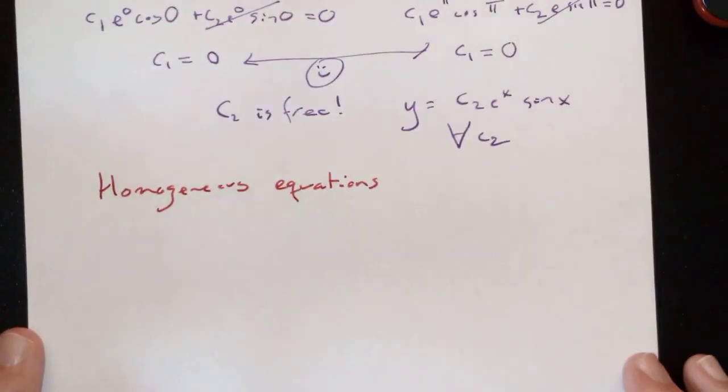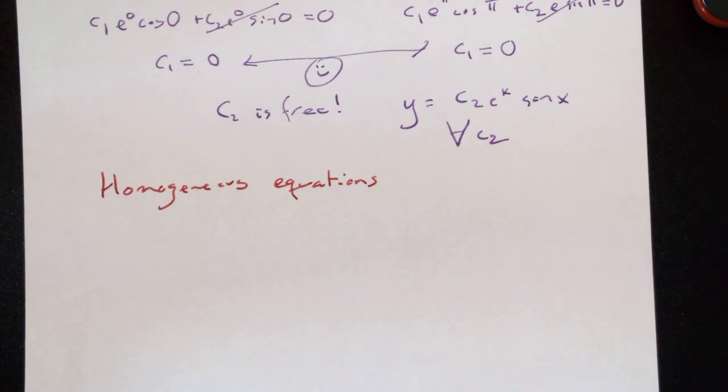We talked about a function being homogeneous of a particular order. A set of equations is homogeneous if the right-hand side is 0.